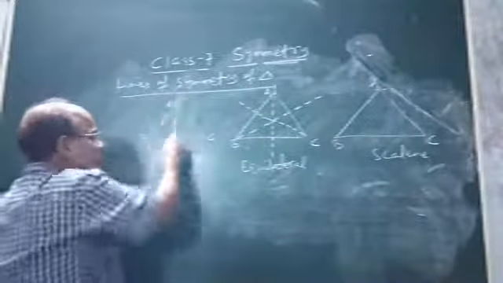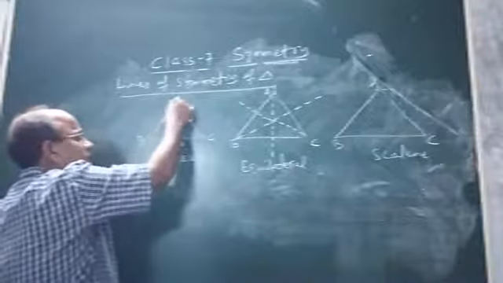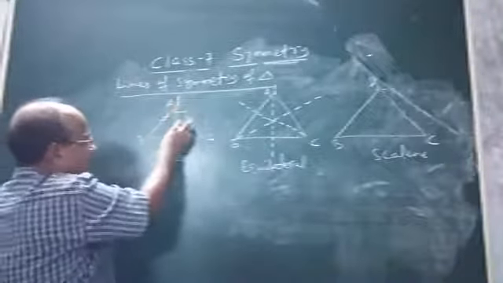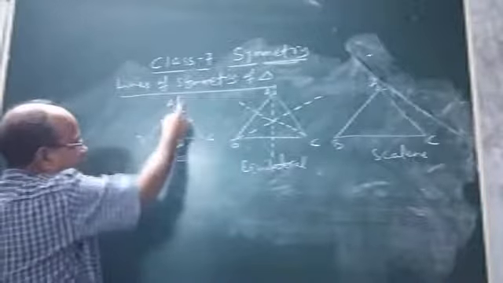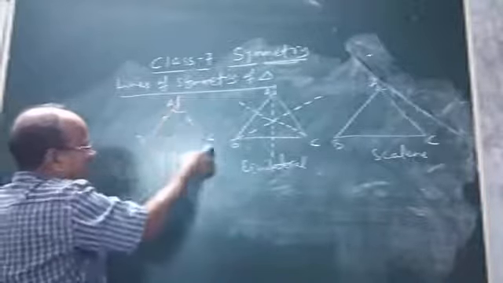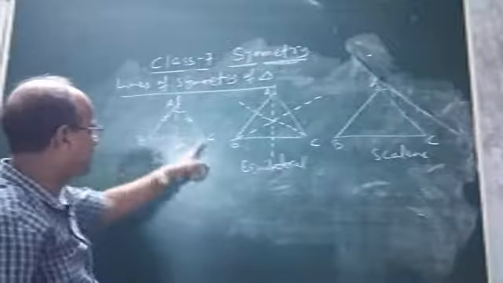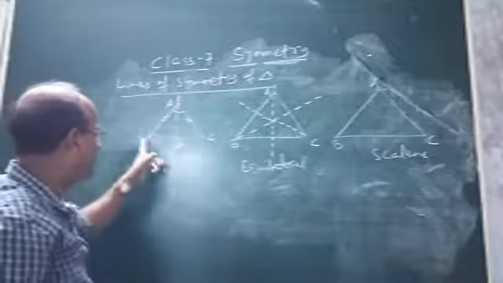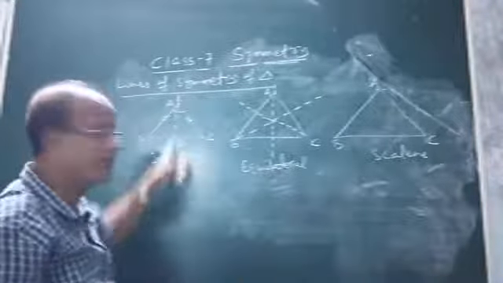Now, after drawing the bisector of vertical angle A, if you fold this part and this part about this line, that means if you fold triangle ADC and triangle ADB about this dotted line, that is AD.